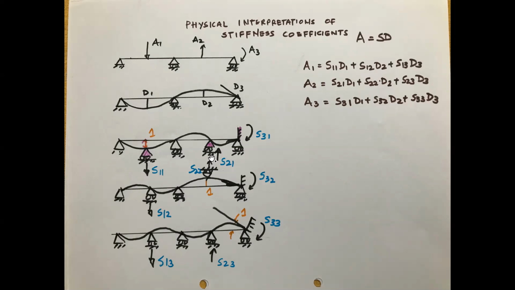Now, the second coefficient that will be generated, that is a force. Stiffness is a force generated because of unit allowed displacement at location 1 will be S21. So I'm calculating the force at second place, and we are allowing displacement at first place. That is the first joint. Here you can see I have calculated the force.